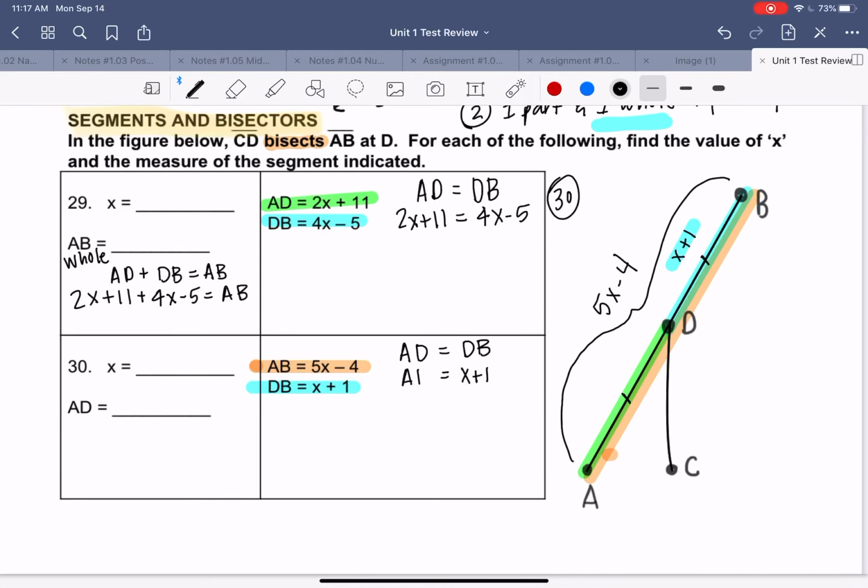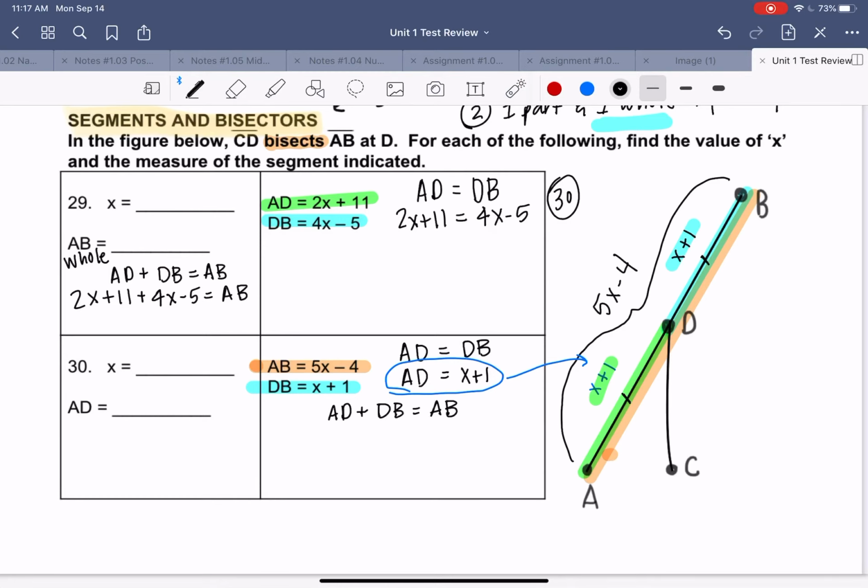Well, look at there. It says that AD equals x plus 1. So now I can take this and label this part. So now I have a part plus part equals whole. So our part plus part equals whole is now AD plus DB equals AB, which we stated right here.